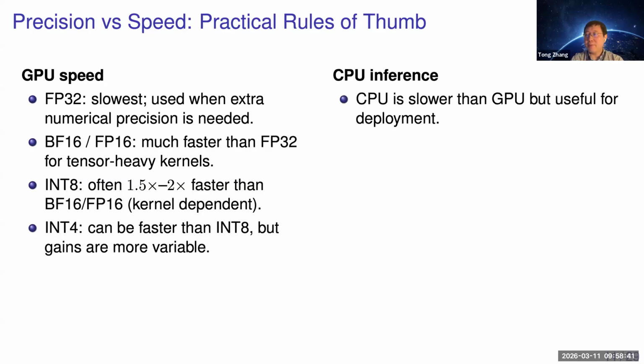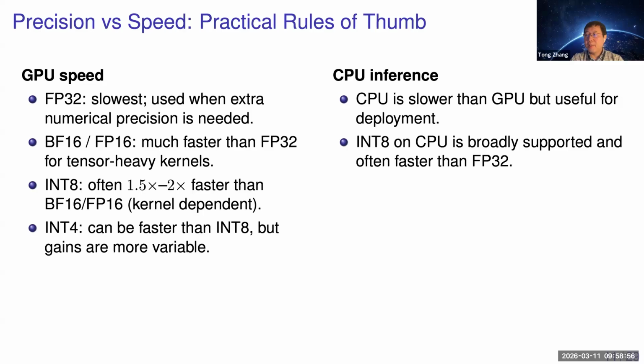For CPU, certainly FP32 is slower than GPU, but that is useful. Sometimes people use that for inference. You either use int 8 or int 4 if you do the CPU. Int 8 is reasonably supported in the CPU.